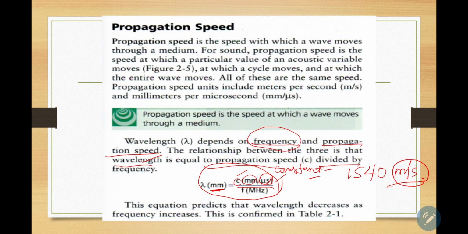So how do you compute for the wavelength? First, you use, okay, this one because this is the constant speed. And then the frequency varies kung 2, 3.5, 5.75, ganyan. So for example, you use 3.5.